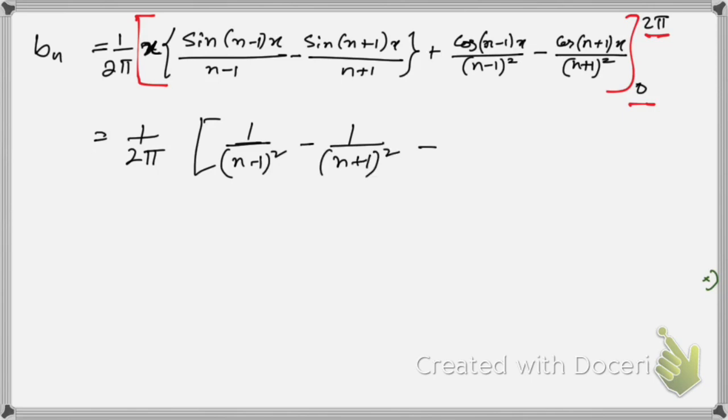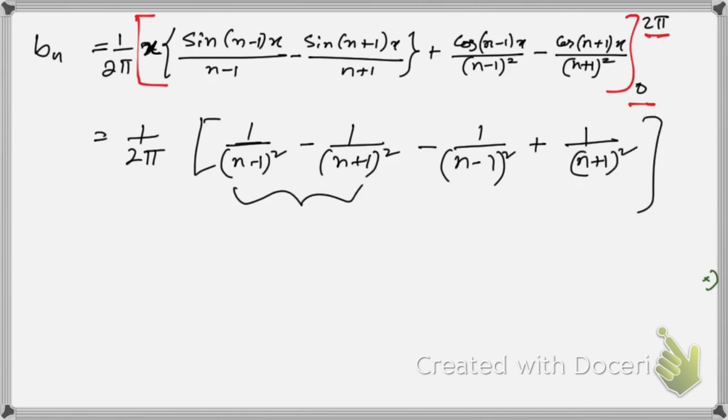Then minus, if you put 0, cos 0 is also 1, so 1 by (n minus 1) whole square, then minus minus will be plus, because the result of putting the lower limit should be subtracted, that is why this minus sign comes. Then (n plus 1) whole square. So we have got this part putting twice pi, and this part putting x equal to 0.